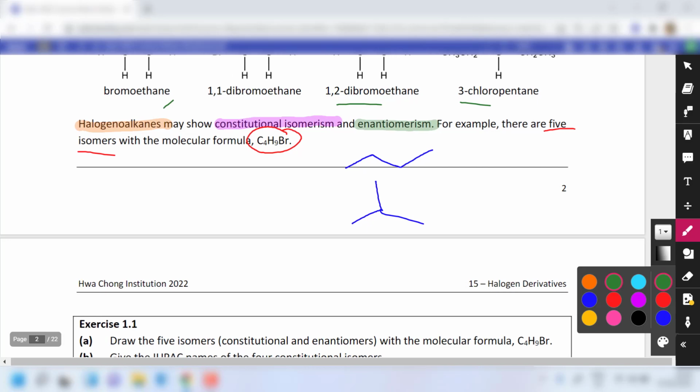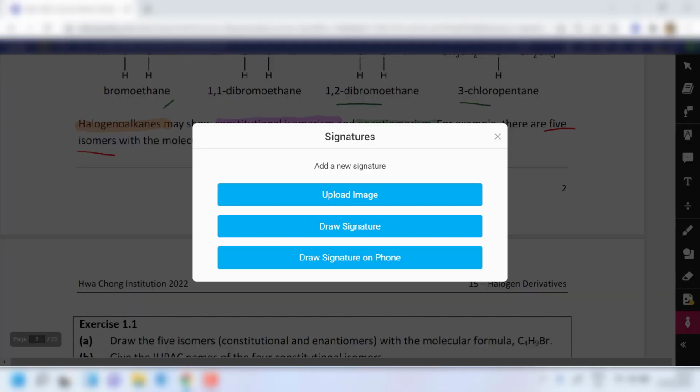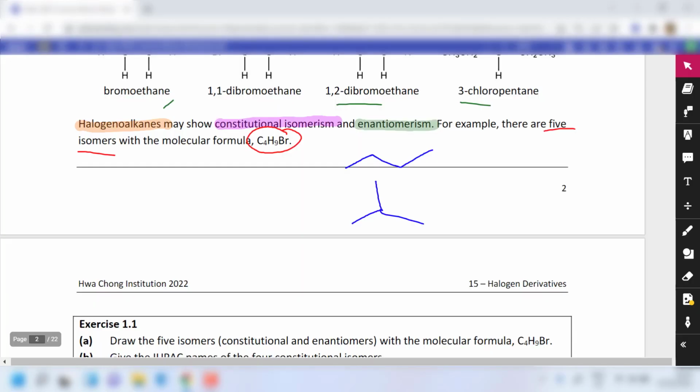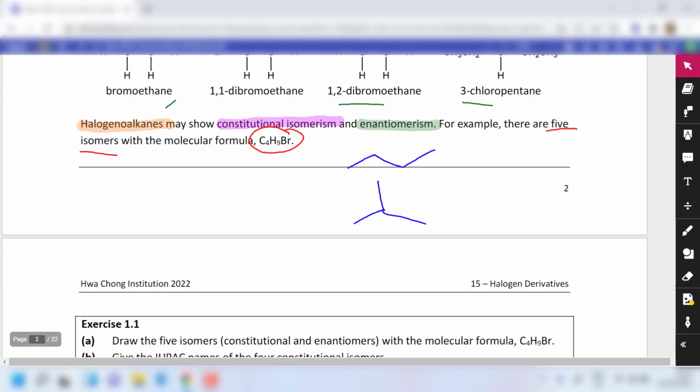Okay, so we know that it is saturated. If you recall from last year, I did mention something known as the degree of unsaturation, otherwise known as the index of hydrogen deficiency.